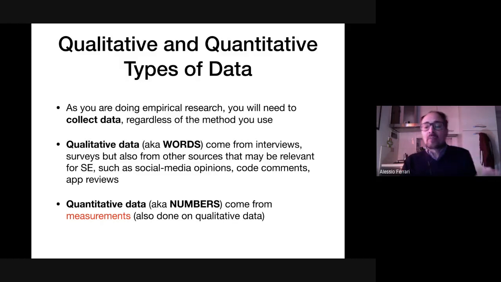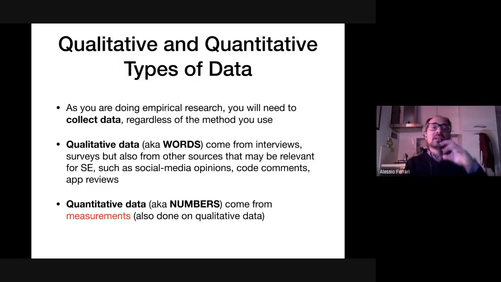Quantitative data, instead, is numbers. They generally come from exact measurements that you do, and you can also do these measurements on qualitative data, because qualitative data can be transformed somehow into numbers. For example, if I want to count how many times a certain relevant word is mentioned in a bunch of app reviews, I'm transforming words into numbers, into frequency numbers.